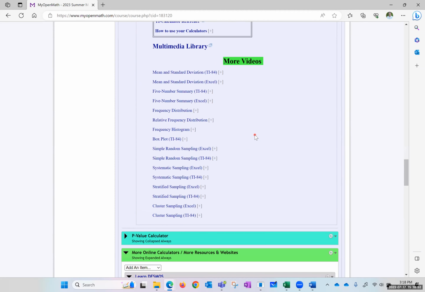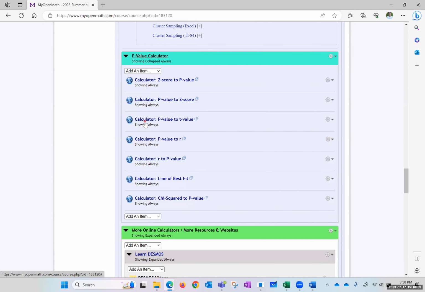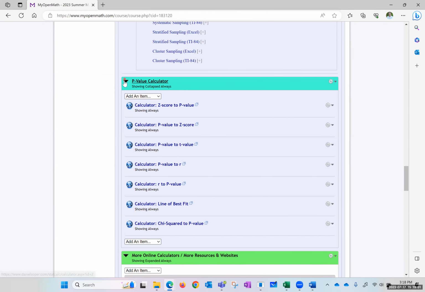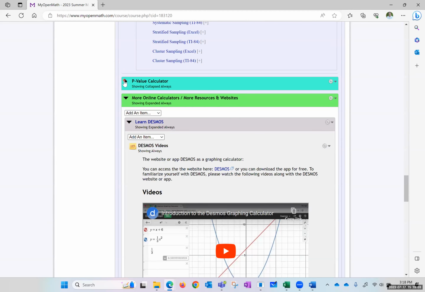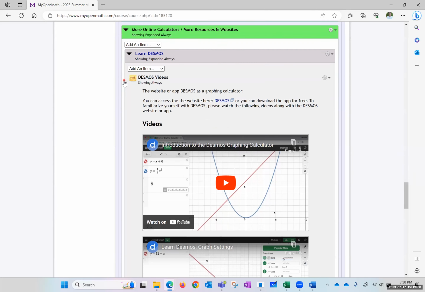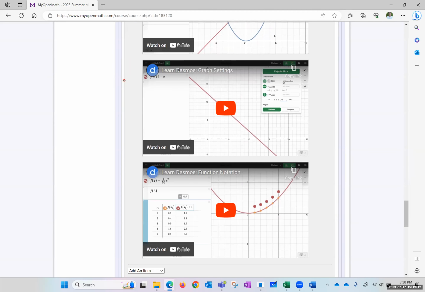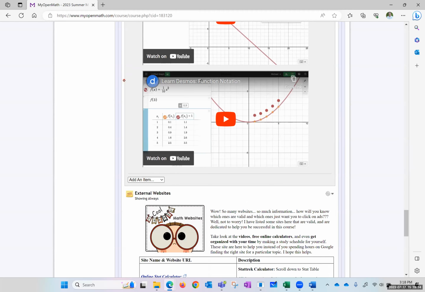So there are a lot of resources. Later on, you learn about p-values, and we have p-value calculators. Again, as we come across them, it becomes easier for you. Some of the calculators, such as Desmos, we even have some videos that explain how to use it.